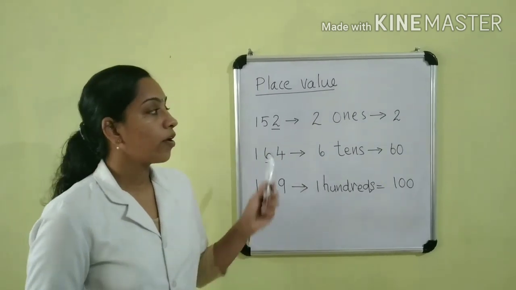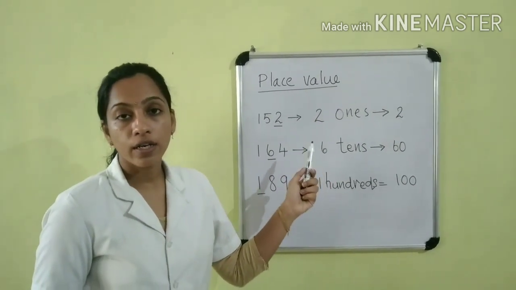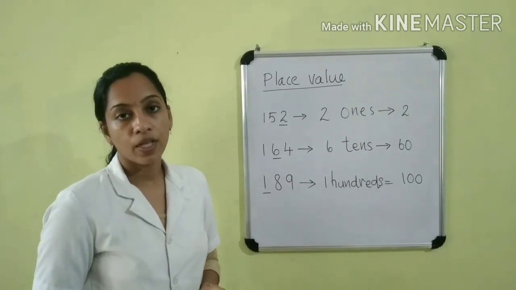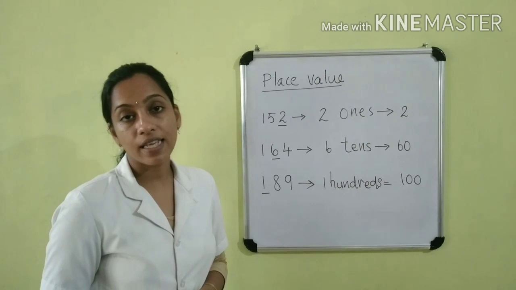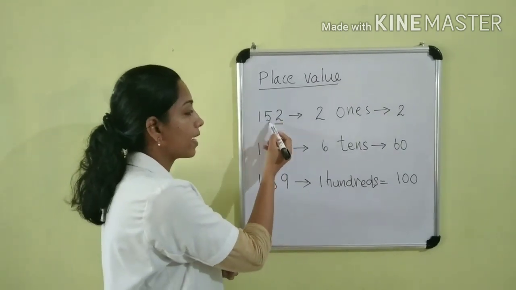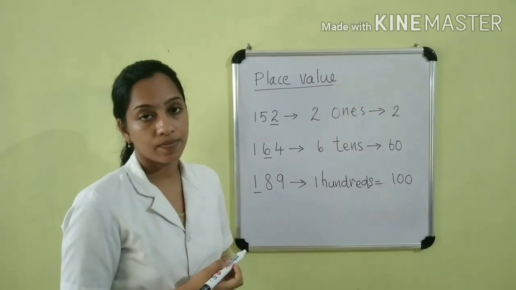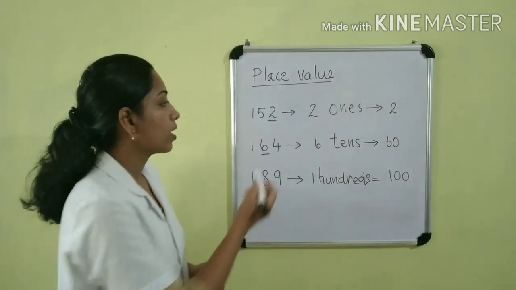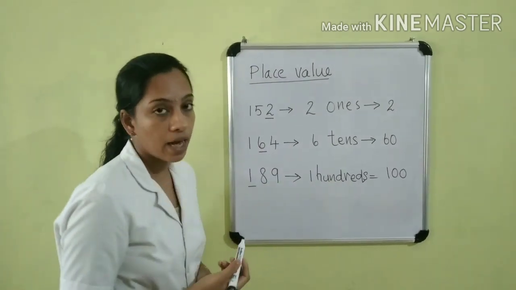Here, we are going to learn about place value of three-digit numbers. There are three places in a three-digit number, that is ones, tens, and hundreds. Let's see some examples.